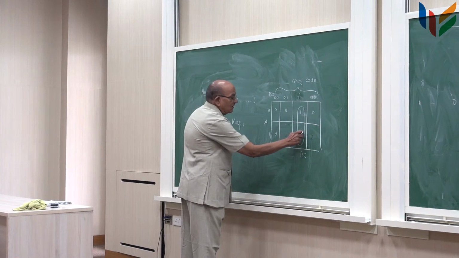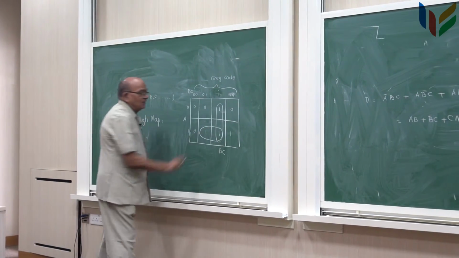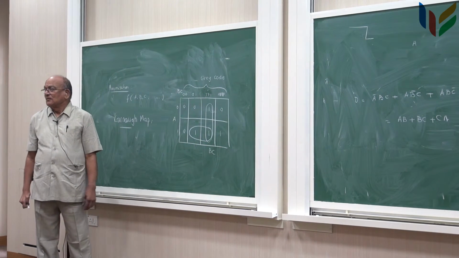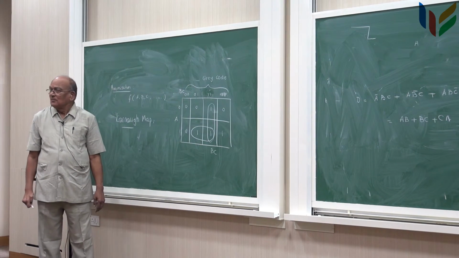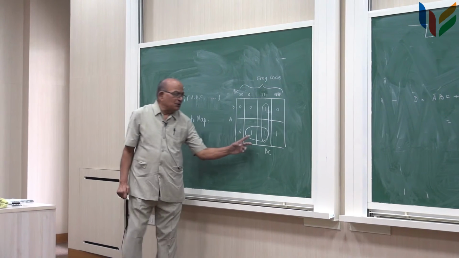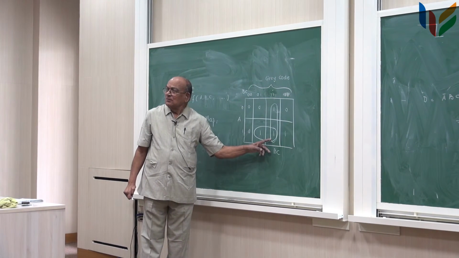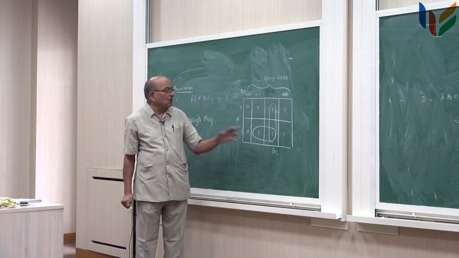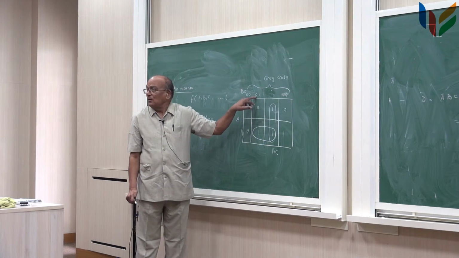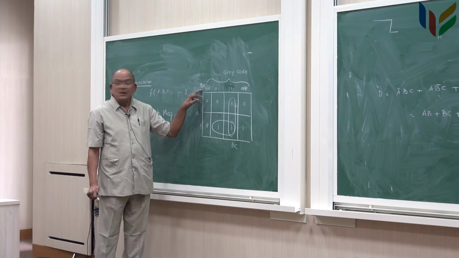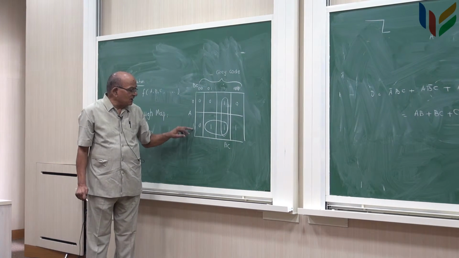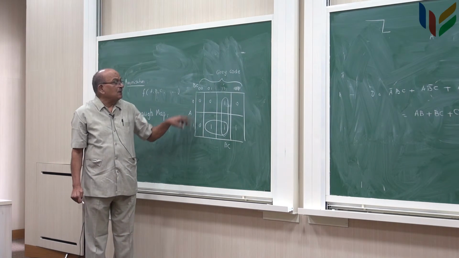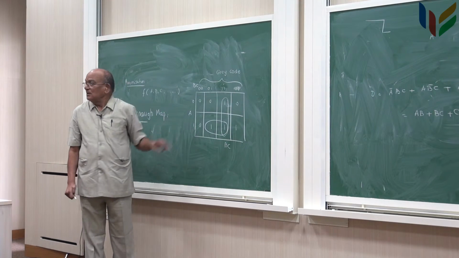So, let us look at this. What does it mean? The term which is changing in these two, 1 and 0, is irrelevant, right? What is changing here? The first one, which is B, whereas A is 1, so it corresponds to AC.